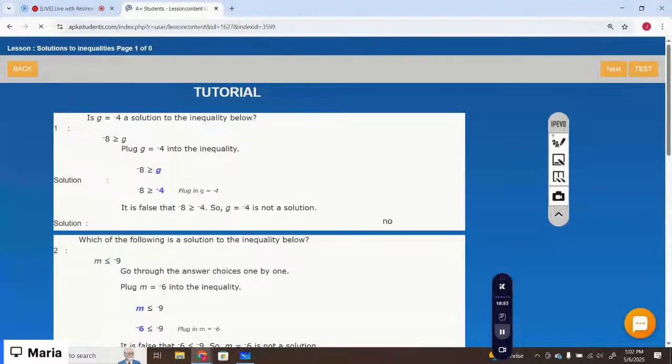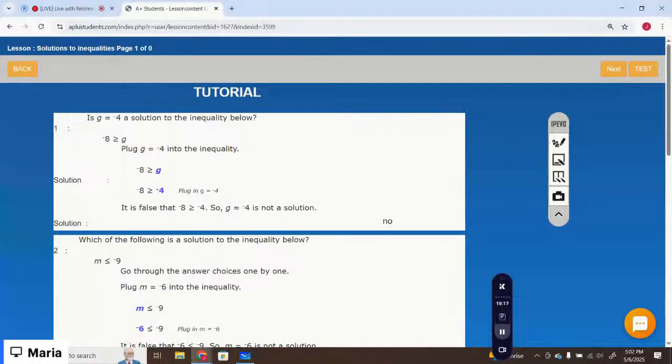Negative 8 is greater than or equal to G, so negative 8 is greater than or equal to negative 4. That is not the solution, because as you are moving far from zero, the numbers are getting smaller and smaller. So negative 8 is not greater than negative 4. Negative 8 is less than negative 4.